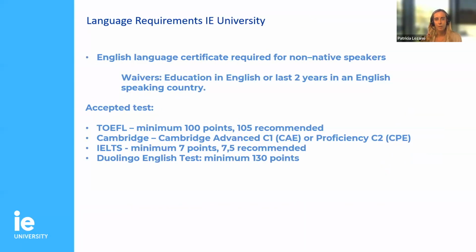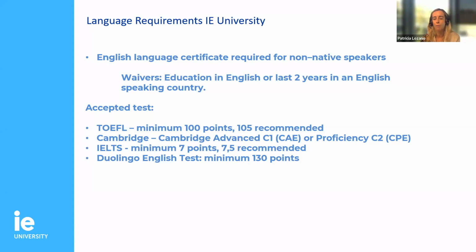Regarding the language requirements, as I was mentioning, we have all the bachelors in English, and of course, Indian students sometimes are not native, but they can have one of the waivers that we offer, because normally they have studied all their education in English, or at least the last 2 years of high school in English.